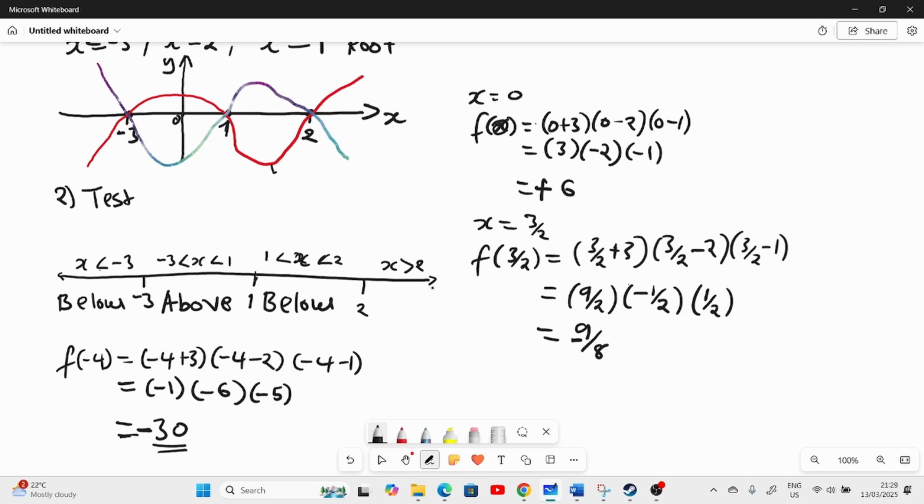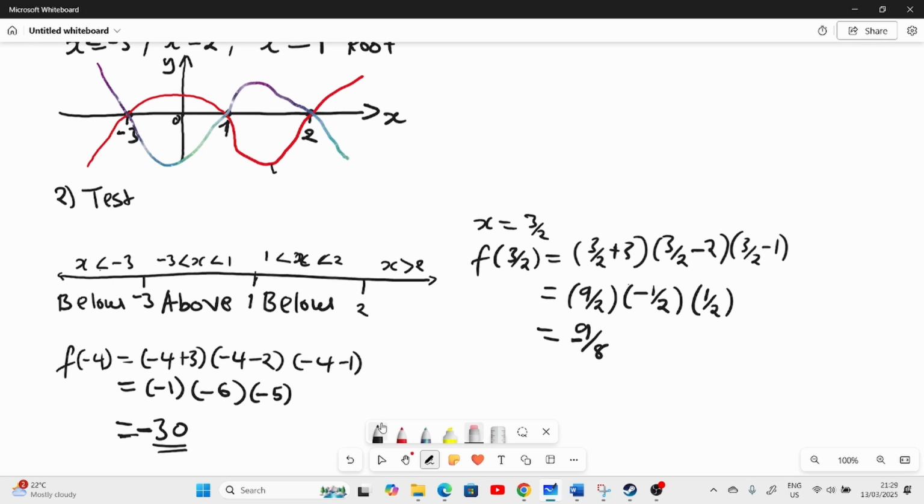Then you can pick any value greater than 2. Let's create some space here. For x equal to, let's pick 3, it's the easiest one. Put your 3 there.